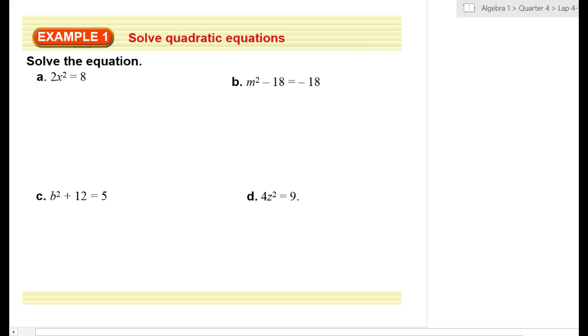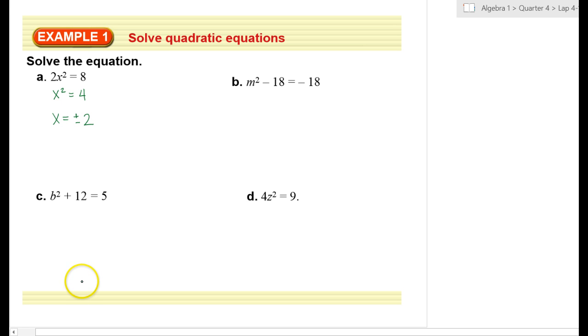So let's practice. Again, you want to get x squared by itself. In part A, you divide by 2. X squared is equal to 4. So then x is equal to, we would say 2 normally, but it's actually plus and minus 2.